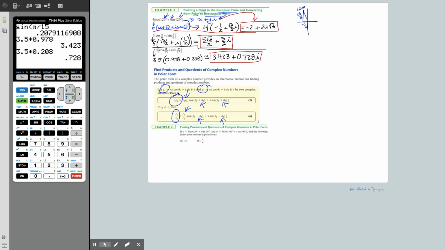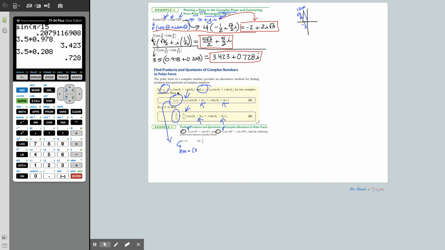So let's go ahead and go through the process of multiplying and dividing two complex numbers that are written in polar form. If this is z and that's w, we'll do the multiplication first, and I'm going to use this rule right there. So r is 3 for z and r is 5 for w. I'm going to multiply those two r values together to get zw, the product.